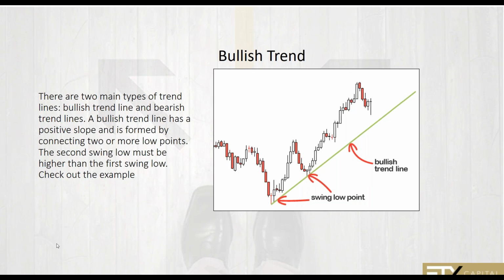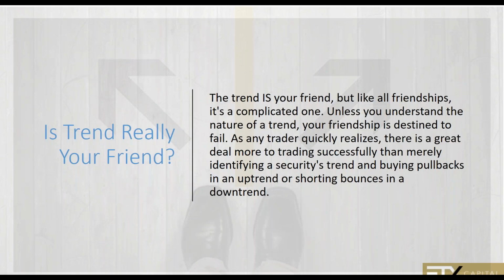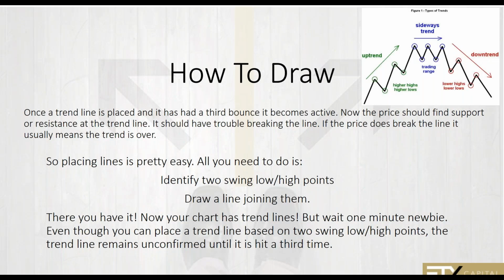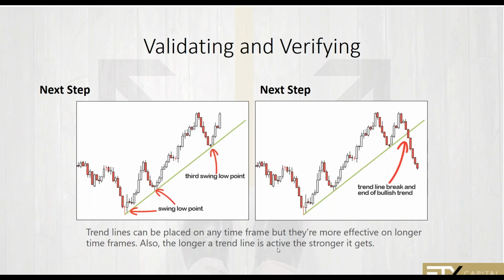So it's not valid yet. As we continue forward, as the market continues to move, what we got here now in this same price action is that third swing low point. Now that tells us that that trend is valid. It could have even given us an entry to buy into that market.